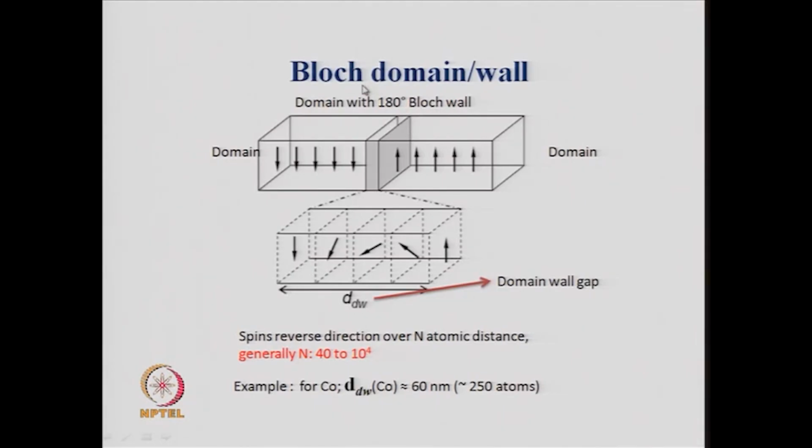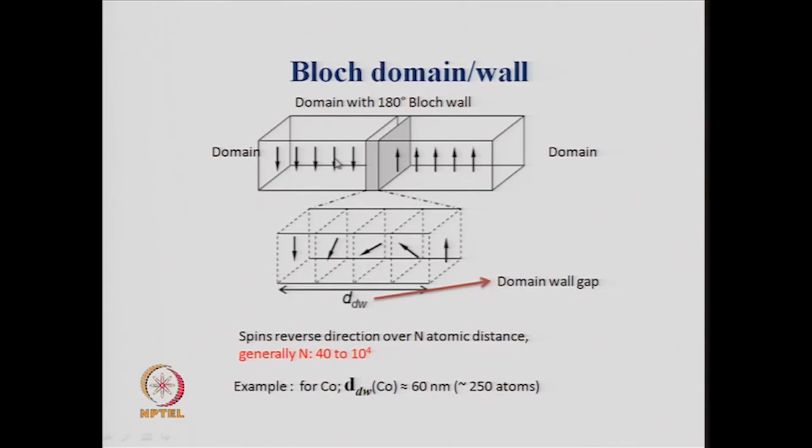There are different types of domain walls. This example we are showing here is called a 180 degree block wall, because on one side of that block wall you have got magnetic vectors along a certain direction. So, in this domain, which is domain 1, you have the magnetic vectors along this direction. In the second domain, you have the magnetic vectors 180 degrees to this magnetic vector.